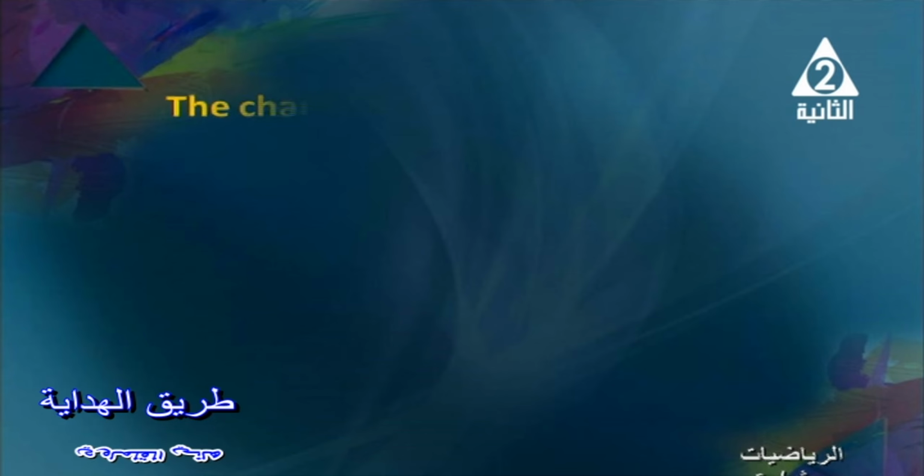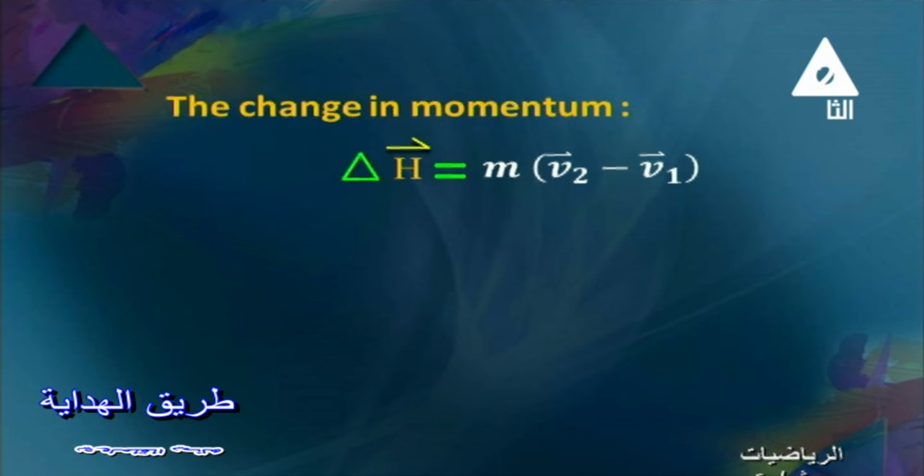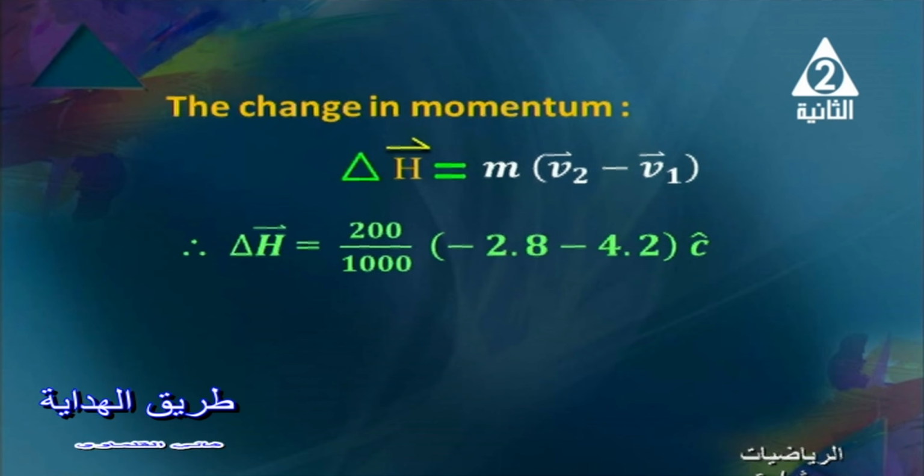Now the change in momentum, delta h vector equals m times vector v2 minus vector v1. Delta h equals the mass 200 gram, 200 divided by 1000, then the mass in kilogram. What about the velocity?